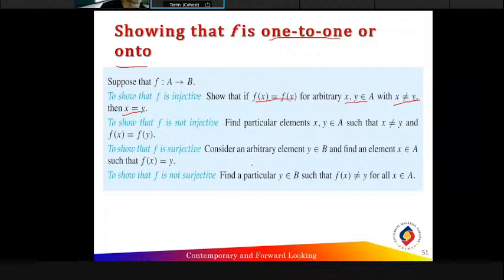That's about it. To show f is surjective, we consider an arbitrary element y in B and find an element x in A such that f(x) equals y. So we first have to determine that all the elements in B are images. In the example of the square root of an integer, look at the first few integers: 0, 1, 2, 3, 4, 5.